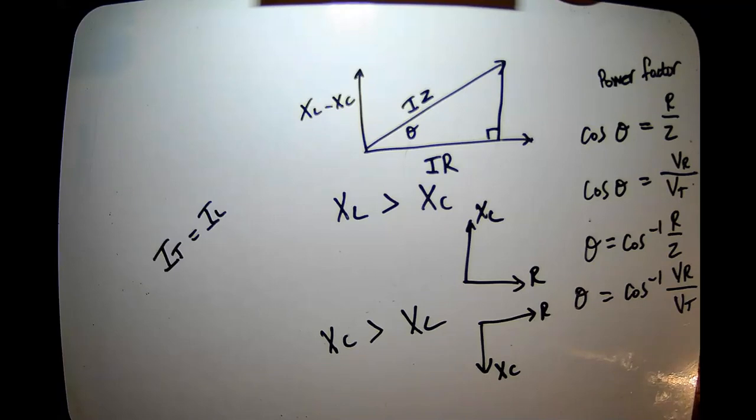Right, so now we get IT is equal to IL, which is equal to IC, which is equal to IZ, which is equal to IR. Why is this the formula for series circuits when it comes to current? It's because the current is the same right through in a series circuit.